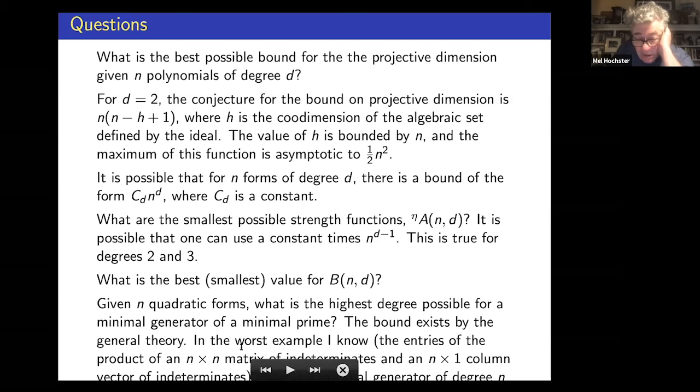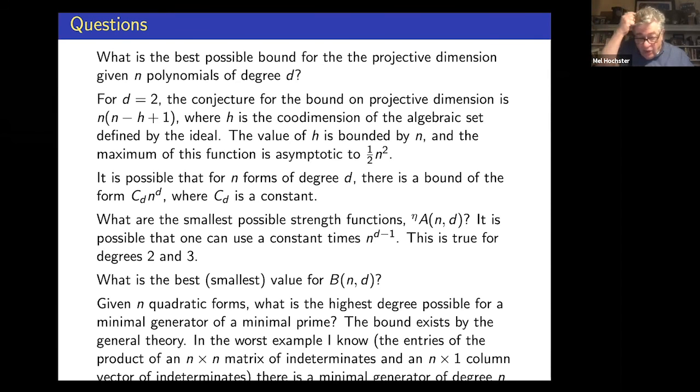And the worst example that I know of is take the entries of an n by n matrix of determinants multiplied by an n by 1 column. And then in one of the minimal primes, you get the determinant of the n by n matrix. So you can get a degree n minimal generator. So with n quadratic forms, you can get a minimal generator of degree n in one of the minimal primes.